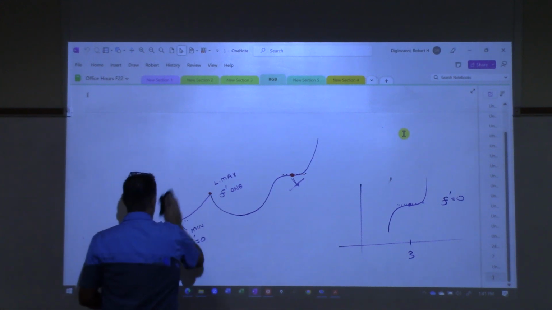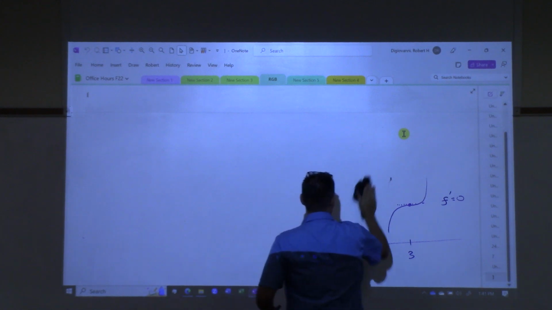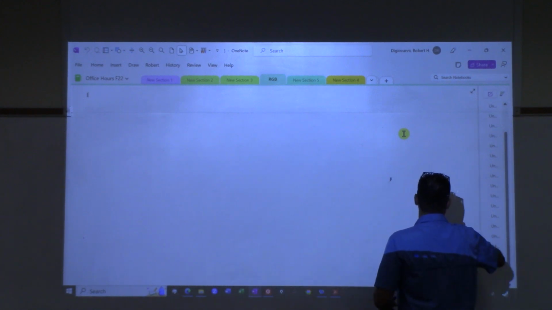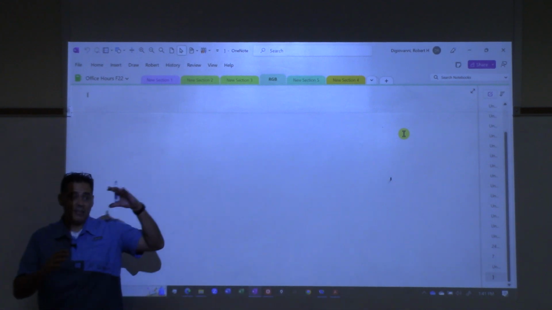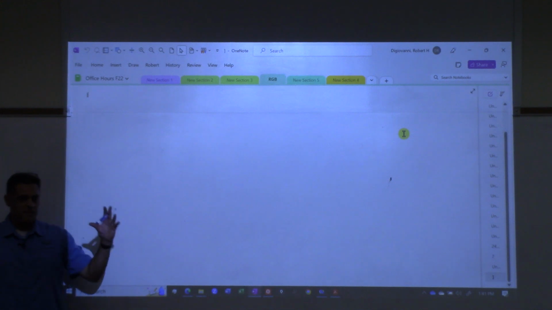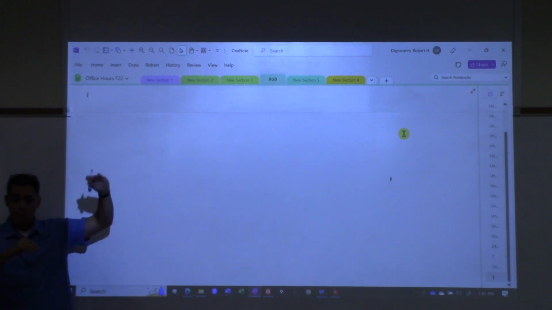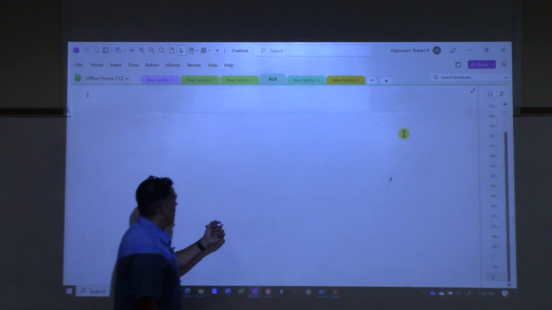So now that we've established those definitions and ideas, we are going to focus our attention on trying to find the max and mins of a function. Just generally speaking, we're going to be trying to find the highest and lowest points on a graph. And we're going to break it into 2 different categories.